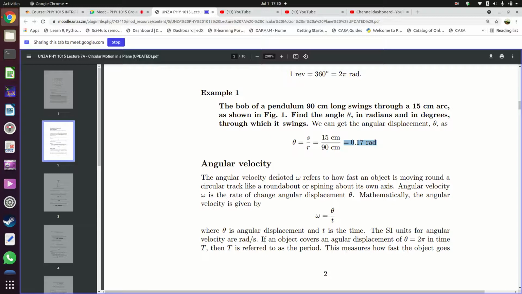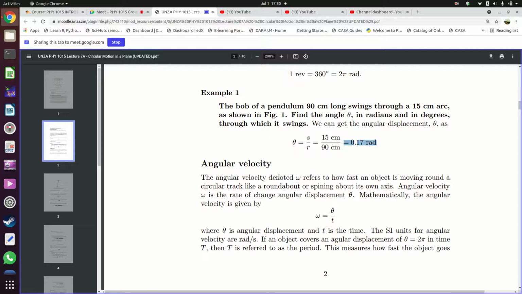Between 6 and 18, which is 12 hours, the sun covers an angular distance of 180 degrees or pi radians from the morning all the way up to the evening.